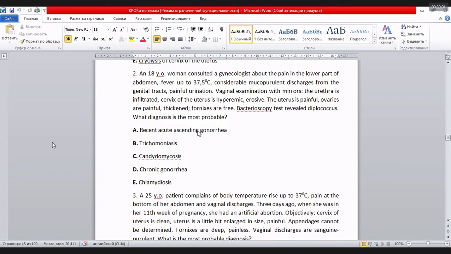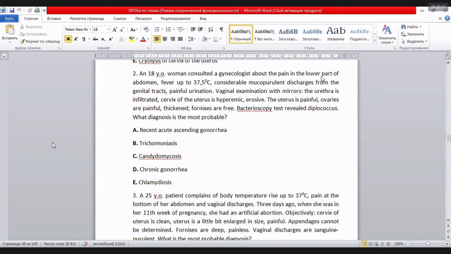Recent acute ascending gonorrhea. Trichomoniasis, no signs in the test. No word in the test about trichomonas. Candida mycosis, usually it is cheese-like discharges, itching, and usually antibiotic treatment in the history. Chronic gonorrhea doesn't give us fever. Usually, chronic gonorrhea in most cases gives infertility.